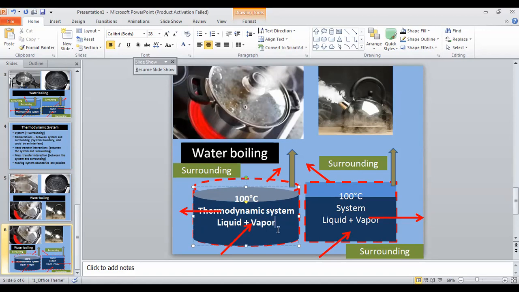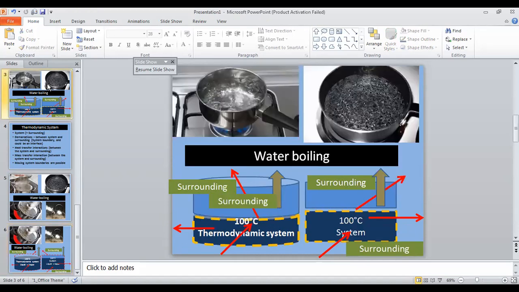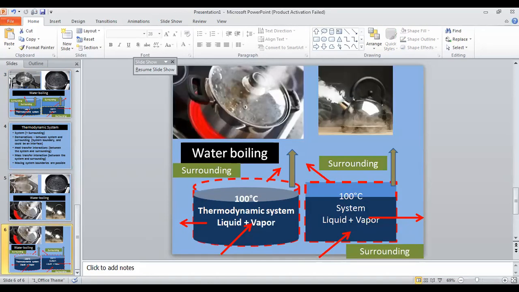That is the point, okay? So in thermal applications, previous one is only liquid. This one is liquid plus vapor, both.